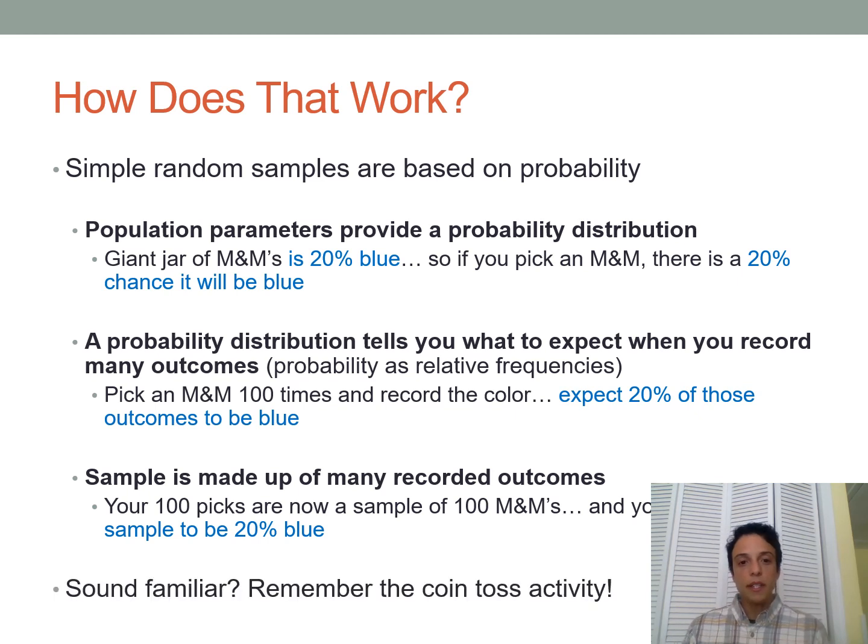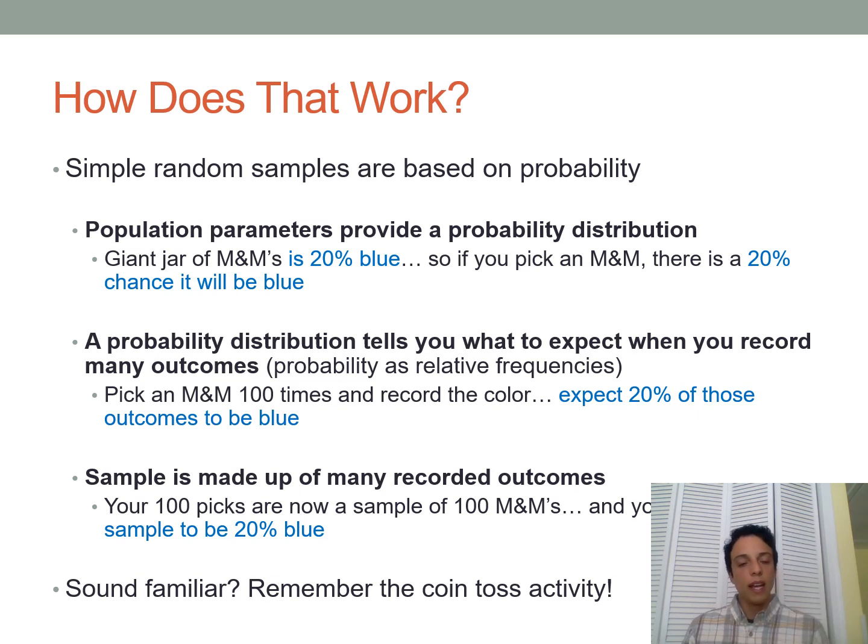And if this sounds familiar, you can think about the coin toss activity that we did a week or two ago, where when you tossed a whole bunch of coins and recorded different numbers of outcomes, you saw that the outcomes you recorded started to resemble the probability distribution that we started with. And we thought about each of your group's set of outcomes as being a sample of 10 different outcomes. When we combined it for 15 groups in class, we had a sample of 150 different outcomes.